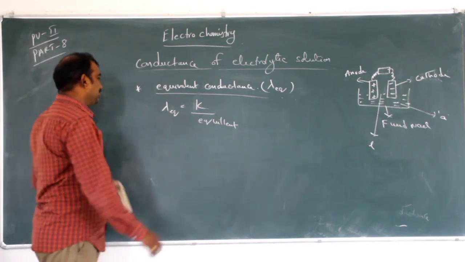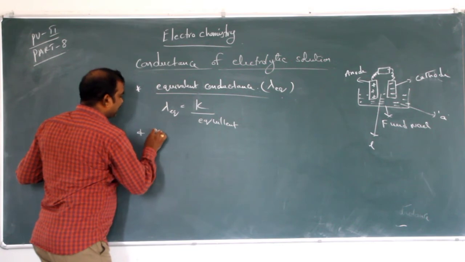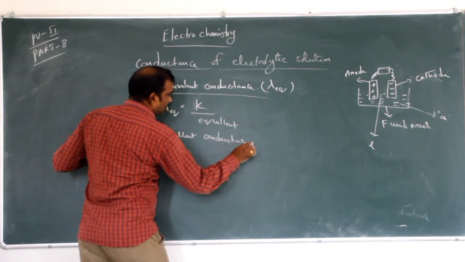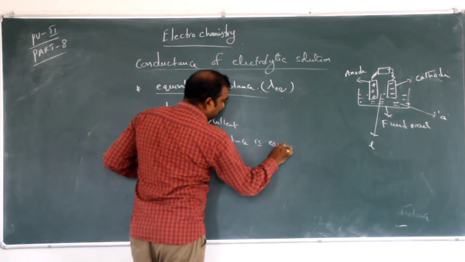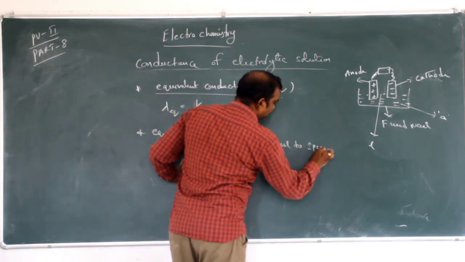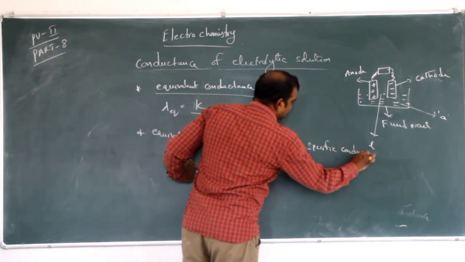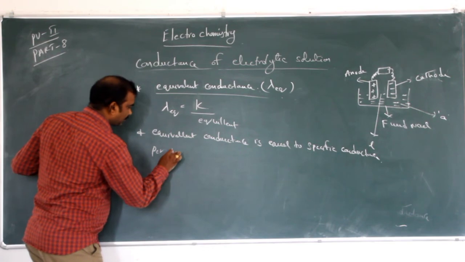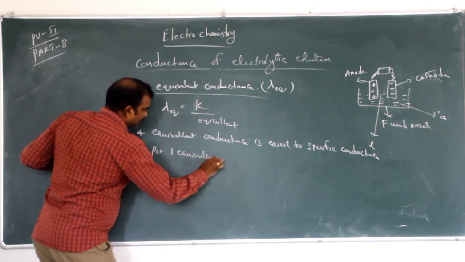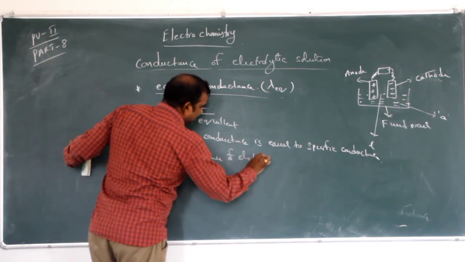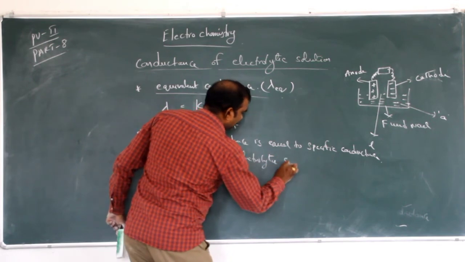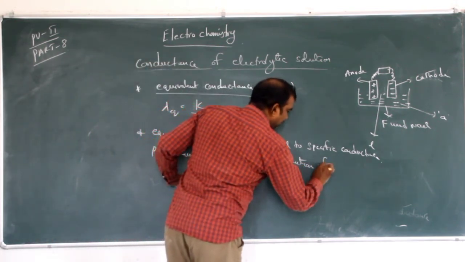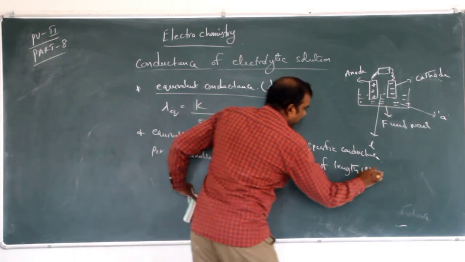So in the definition we can write: equivalent conductance is equal to the specific conductance for one equivalent of electrolytic solution of length L and area A.